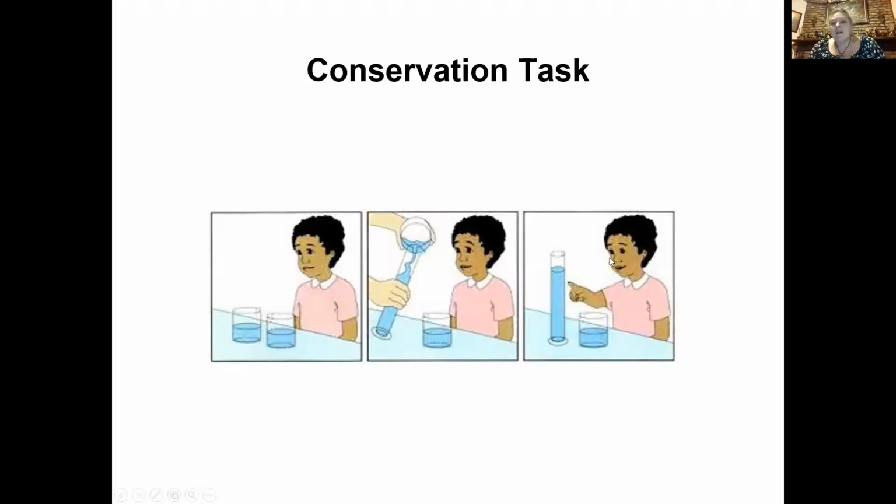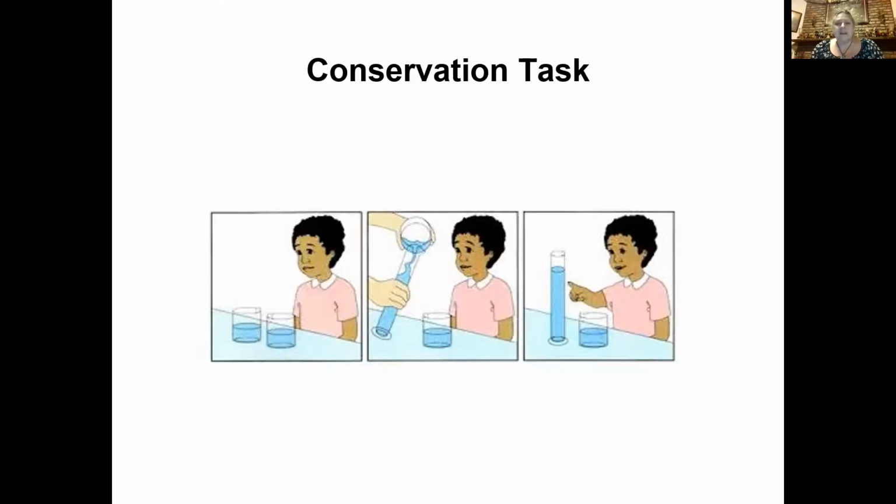But they're not able to mentally reverse this task and in their mind pour this back into that cup to see that it actually remains the same, that there is the same amount. If you reverse that action, it is the same amount of liquid in both containers.